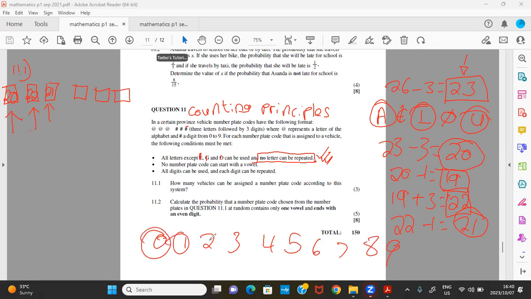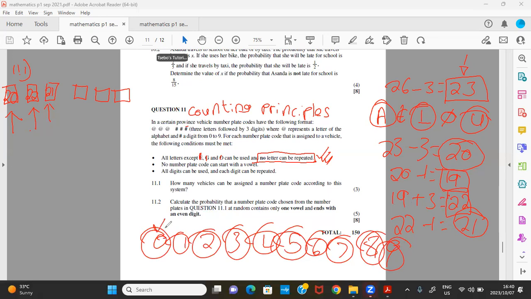I have 1, 2, 3, 4, 5, 6, 7, 8, 9, 10. So it's 10 digits that I can use because 0 is included. Né? So I can use 10 here, right? But since they said they can be repeated and all of them can be used, it means everywhere I have 10.